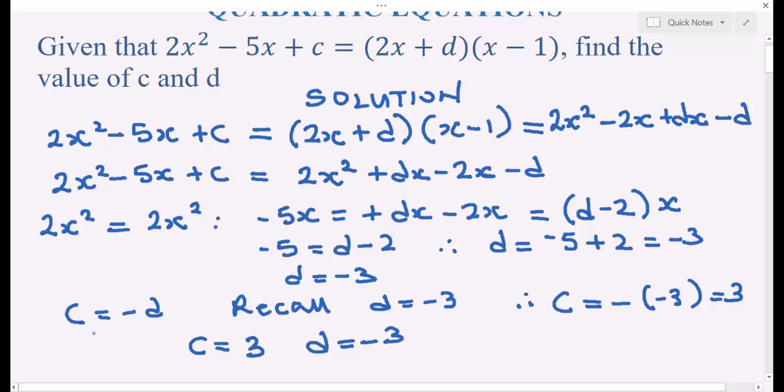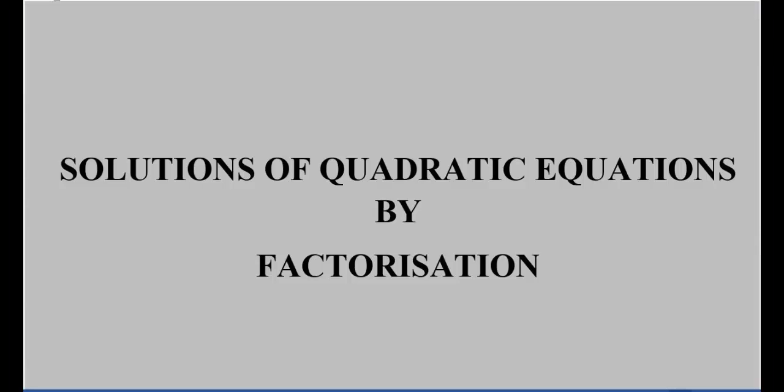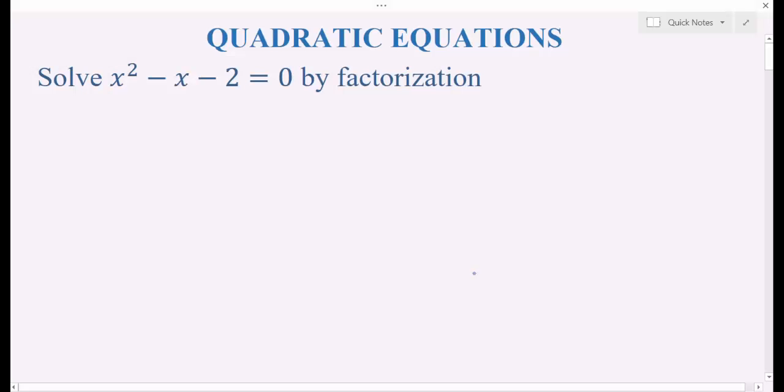Now that we have seen that a quadratic equation could be as a result of factors multiplying themselves, let us see how to solve quadratic equations by factorization. Now, in solving quadratic equations by factorization, the first thing you have to know is that the quadratic expression that forms the equation must be factorizable.